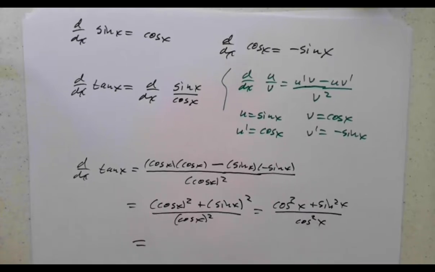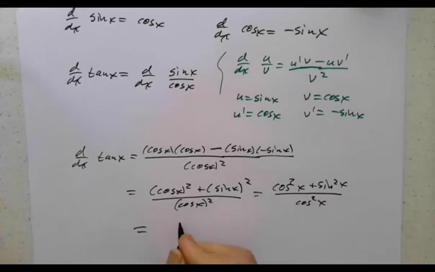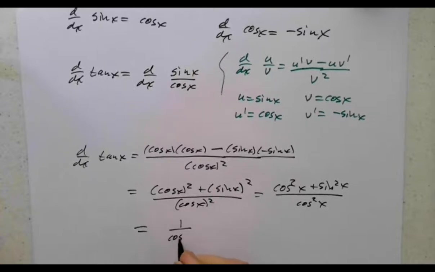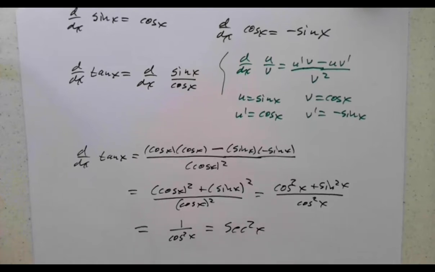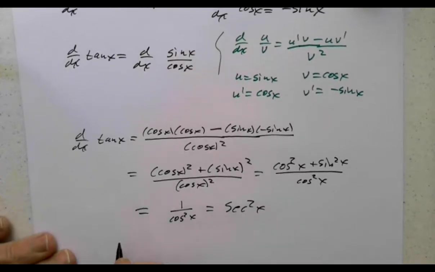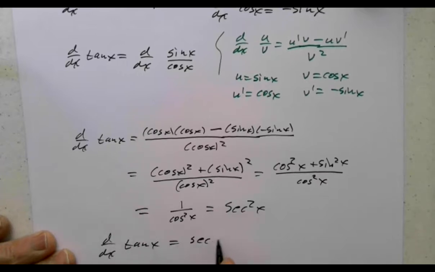Cos squared x plus sine squared x, we know from trigonometry, is 1, over cos squared x. Well, 1 over cos is secant, so 1 over cos squared x is secant squared x. So that's our third rule to remember, that the derivative of tangent x is secant squared x.